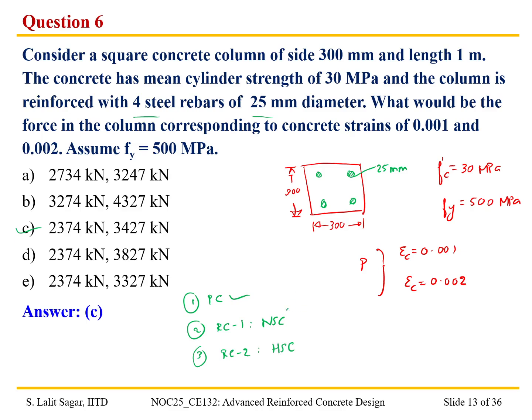Presently, we are in the process of developing the force deformation curve of the second column. Corresponding to the strain in concrete of 0.001 and 0.002, we obtained the corresponding forces in the column as 2373 kilonewton and 3427 kilonewton. Okay, so we'll proceed to the next part of this second big problem that we have.